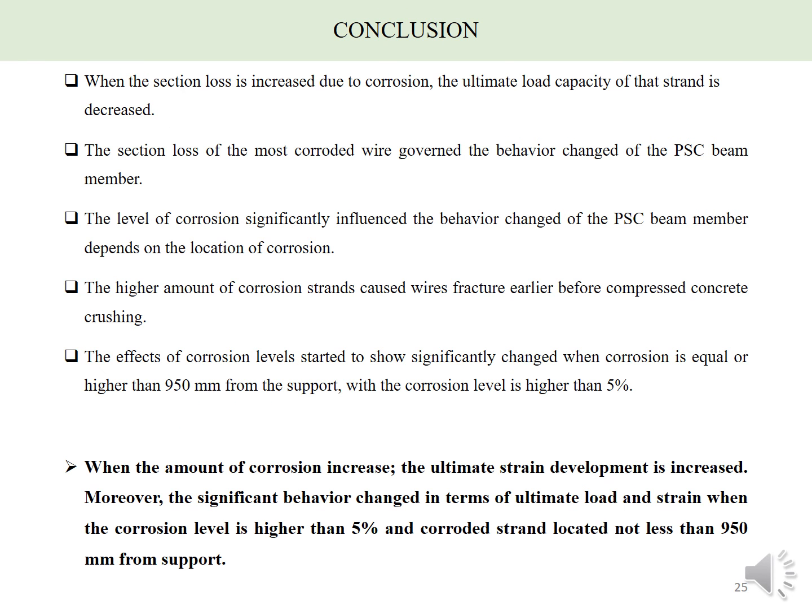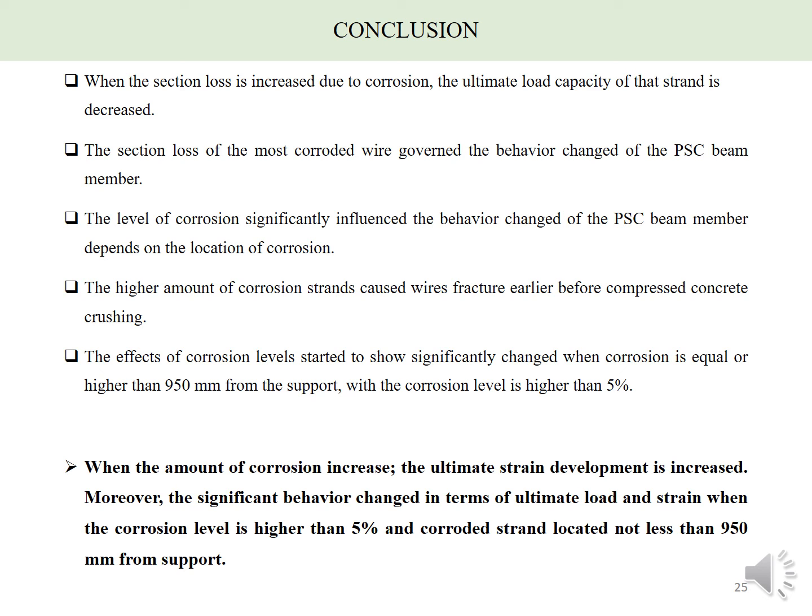The key findings from this research work are as follows. When the section loss is increased due to corrosion, the ultimate load capacity of that strand is increased. The section loss of the most corroded wire governs the behavior change of the PSC beam member. The level of corrosion significantly influences the behavior change of the PSC beam member depending on the location of corrosion. A higher amount of corrosion causes wire fracture earlier, before compressed concrete crushing.